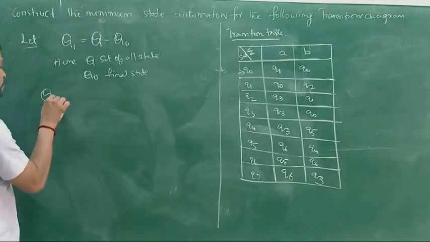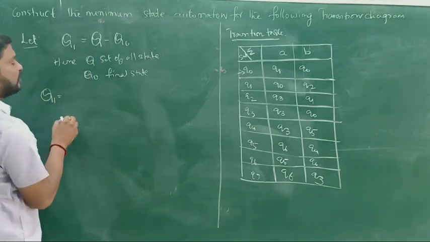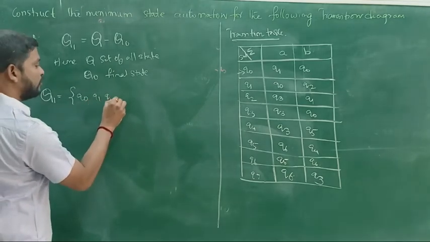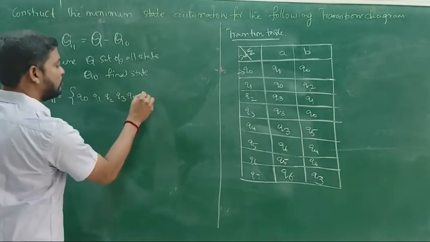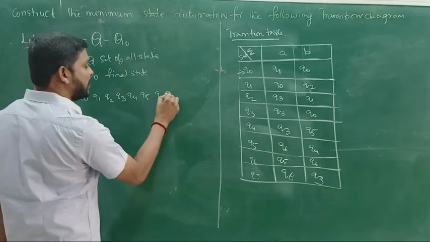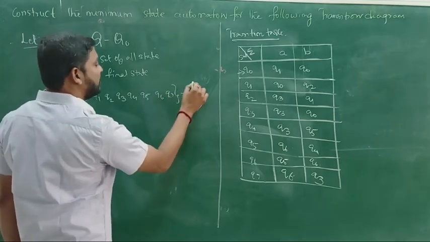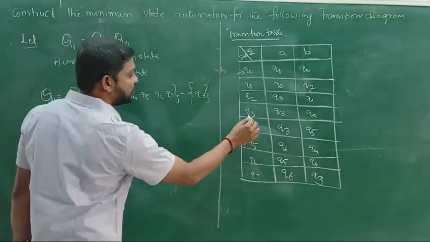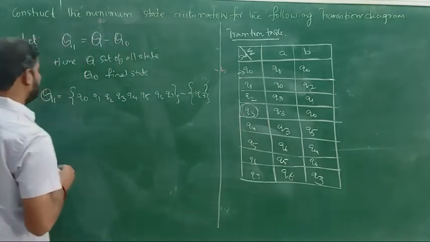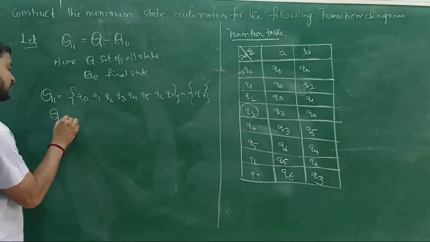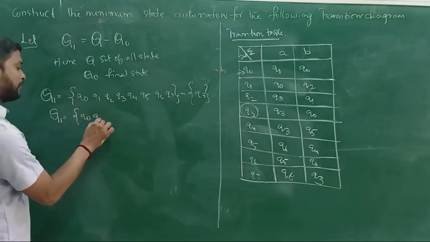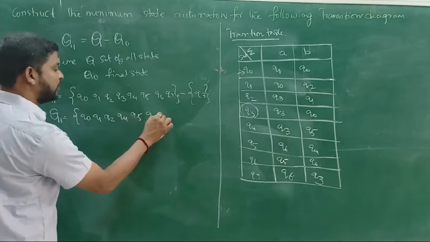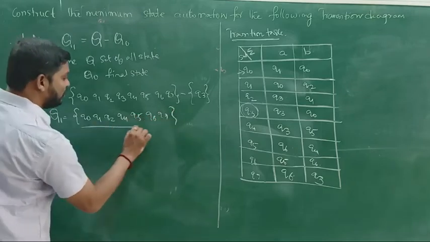Q1 is the set of states Q0, Q1, Q2, Q3, Q4, Q5, Q6 and Q7, minus Q3, which is the final state. So now the new set is Q0, Q1, Q2, Q4, Q5, Q6, Q7. Okay, this is called a set.